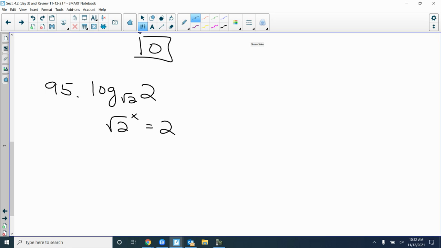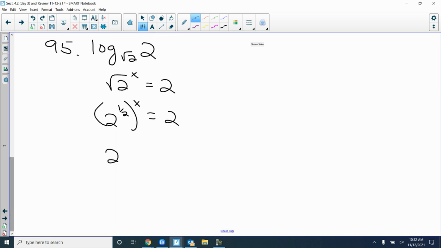So you have to be careful here. This is the radical. We can either get common bases, or get rid of the radical by making it the 1/2 power. So this is 2 to the 1/2, all to the x, equals 2.